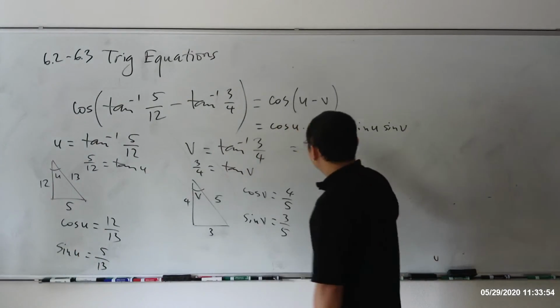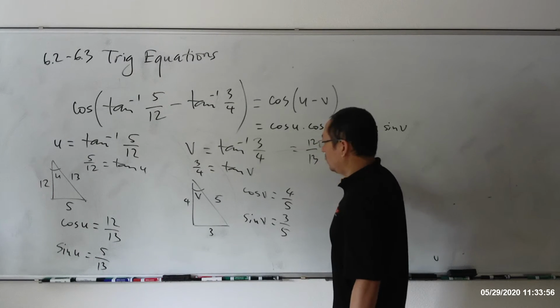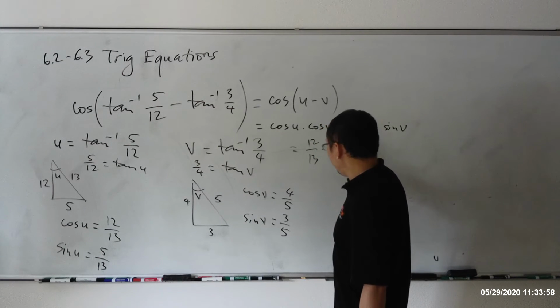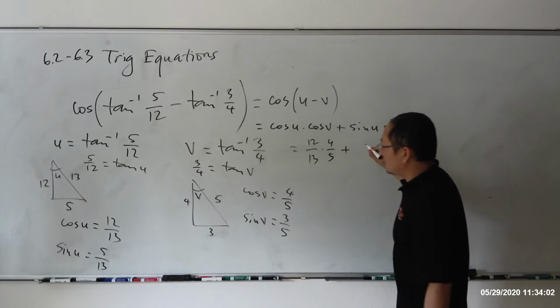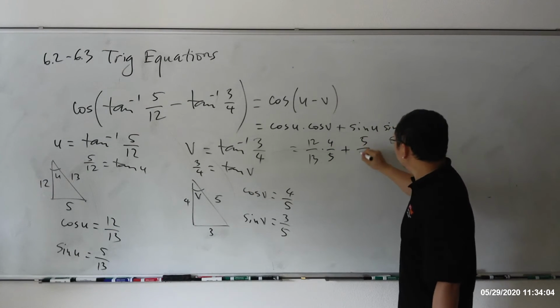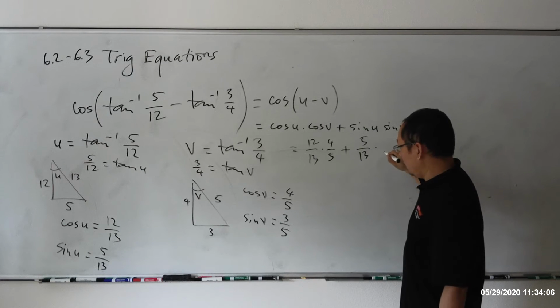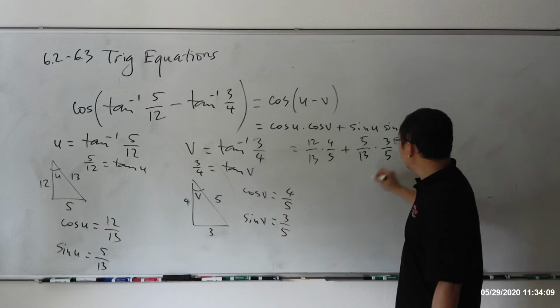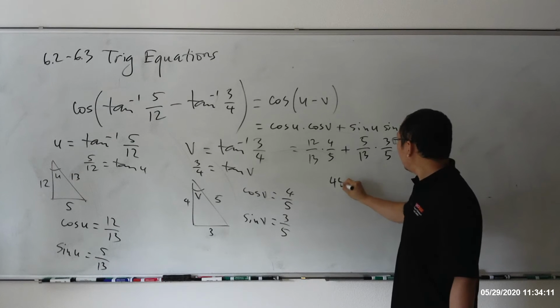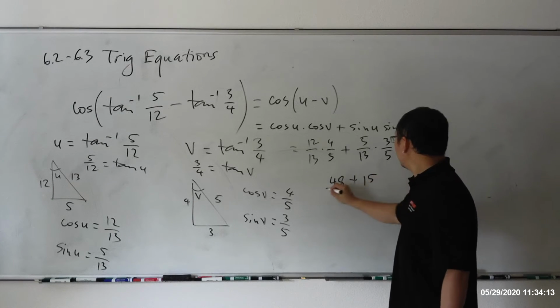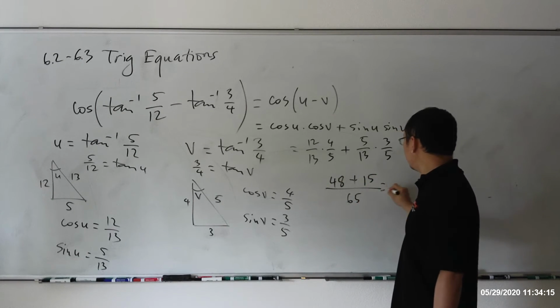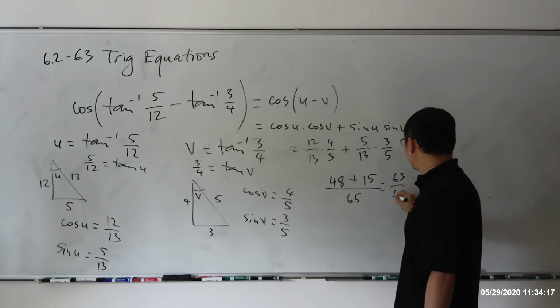Cosine of u, 12 over 13, times cosine of v, 4 over 5, plus sine of u, 5 over 13, times sine of v, 3 over 5. So this is 48 plus 15 over 65, which is 63 over 65.